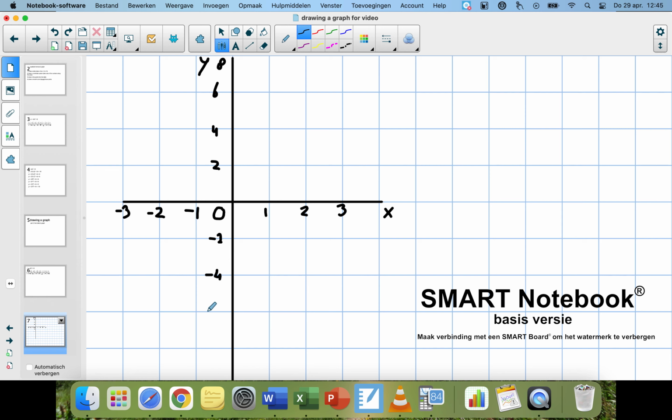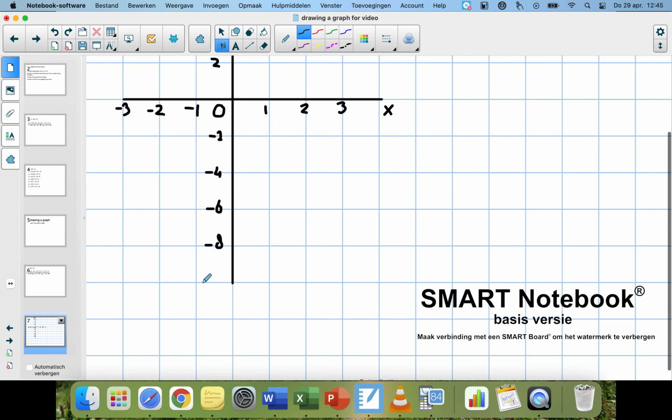The y-axis does not have to have the same steps as the x-axis. In fact, it's often very impractical to do that, but it does need to have the same steps all the way. So if I start doing steps of 2, I need to continue doing steps of 2.